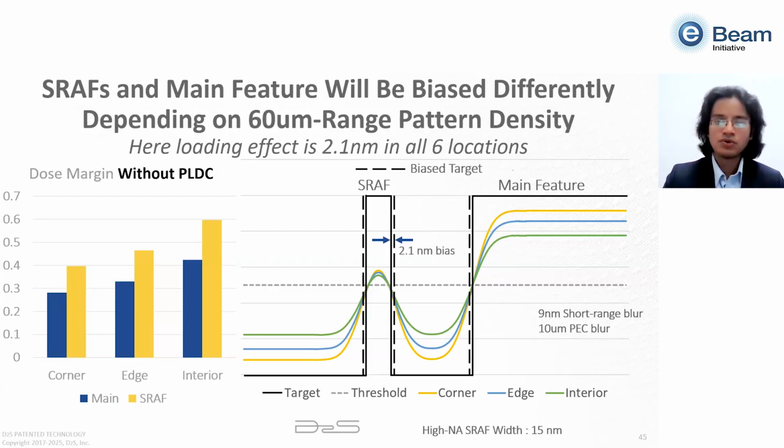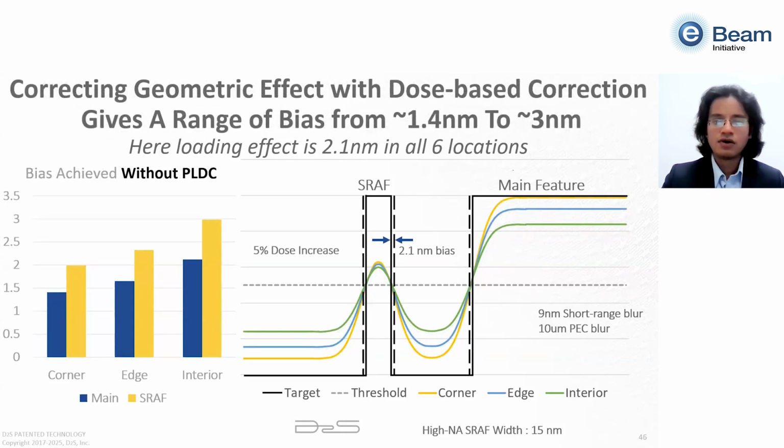In order to come up with that bias, let's say we do a 5% dose increase. Now, what happens is we tried to do a 2.1 nanometer bias by a 5% dose increase, and we only achieved it in one region. The rest of the regions could not get the 2.1 nanometer bias.